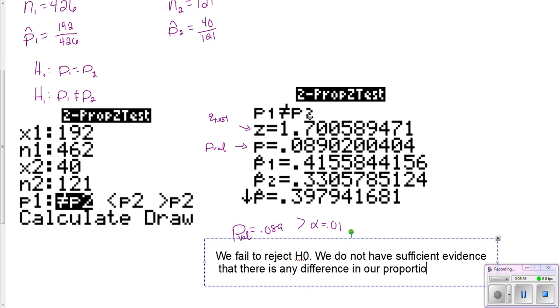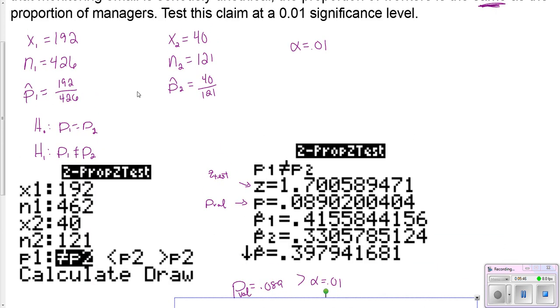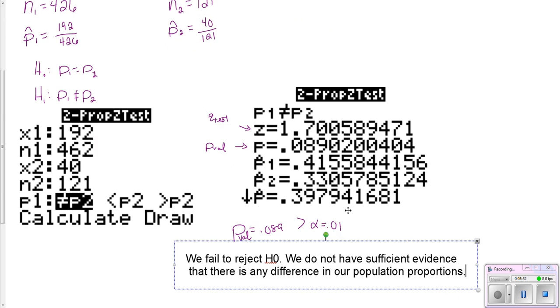So in our population proportions, that is. In other words, if we extrapolated this on a bigger scale and we had looked at maybe 1,000 general people and 1,000 managers, we would see that the samples end up being roughly the same.